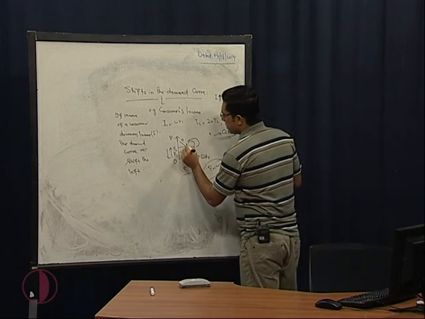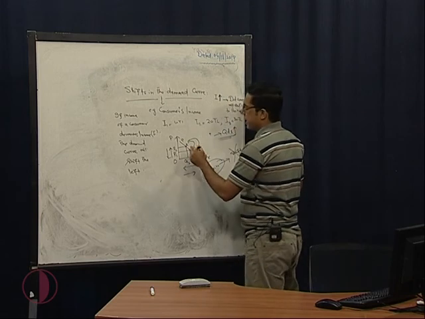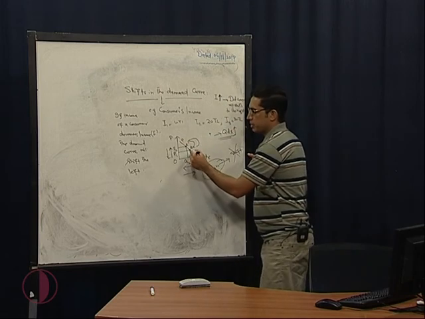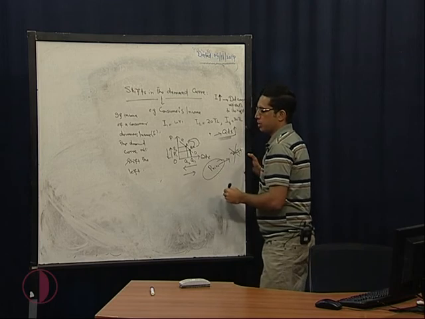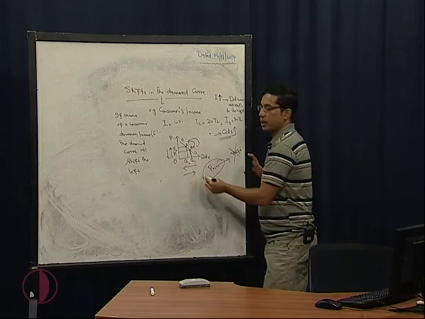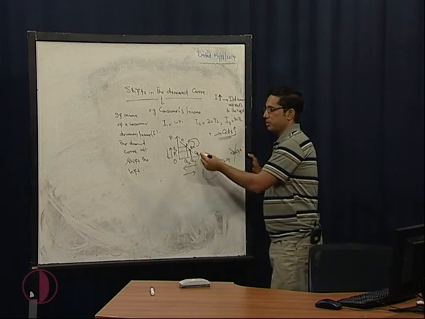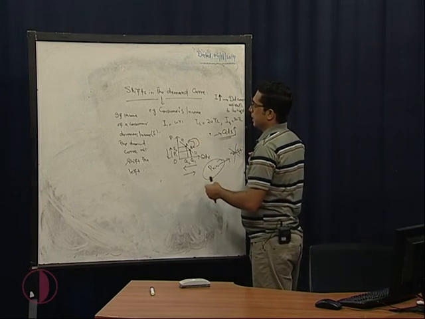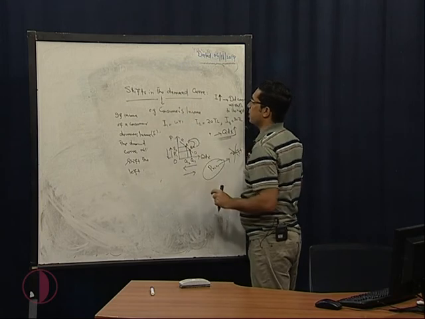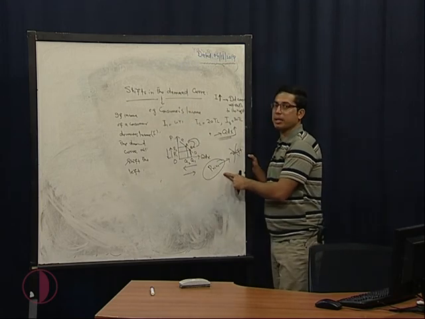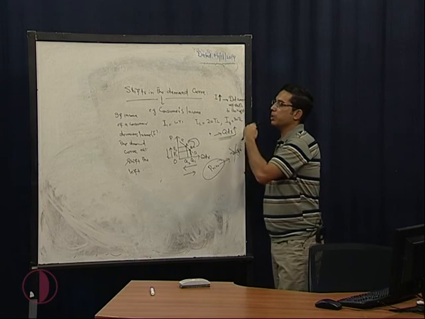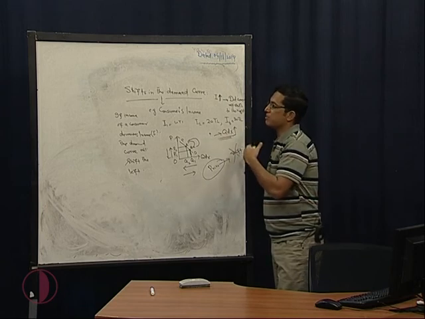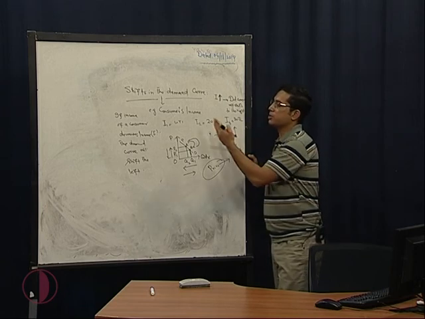Only the consumer will move on the same demand curve, from point A to point B or from point B to point A. So the shift in the demand curve is not because of the price of the commodity, but because of other factors like consumer income.